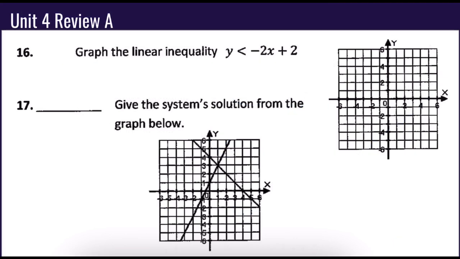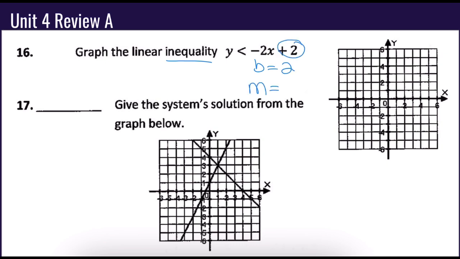For number 16, they want us to graph the linear inequality. So it's not an equation anymore, it's an inequality. This one has y is less than -2x plus 2. But it starts the same way as graphing a linear equation. We start with our b. In this case, our b is 2, and we find our slope.